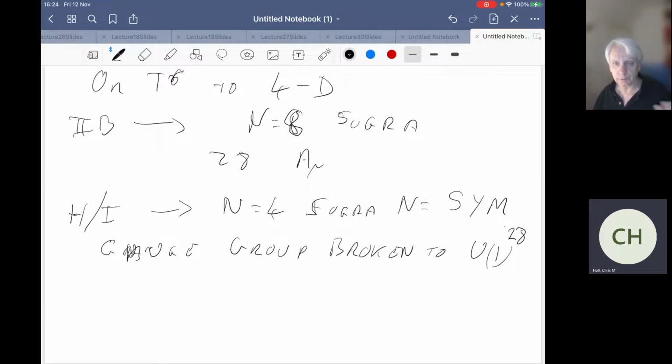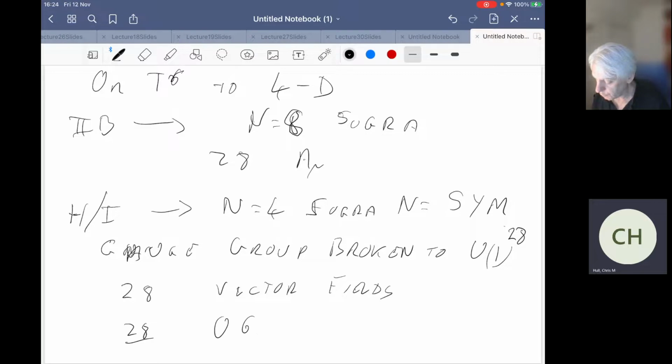So if we break all the gauge symmetry, then you end up with a theory with 28 vector fields, which transform as the 28-dimensional representation of the group O(6,22).